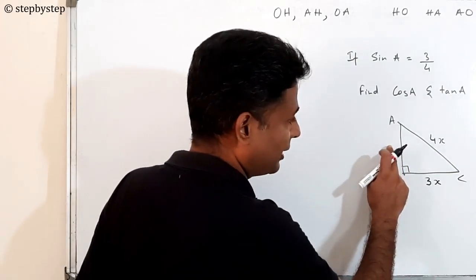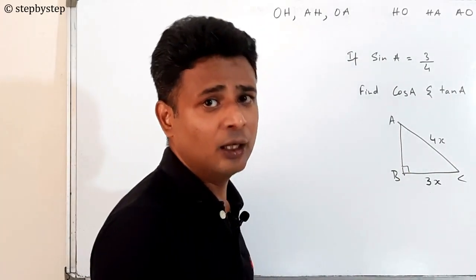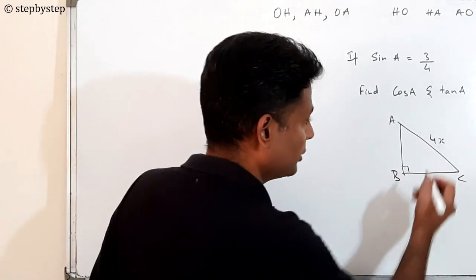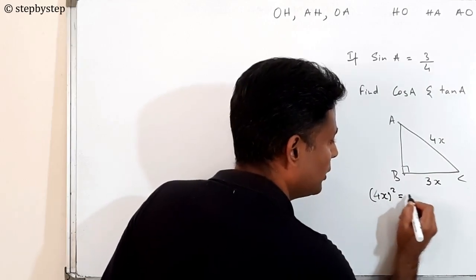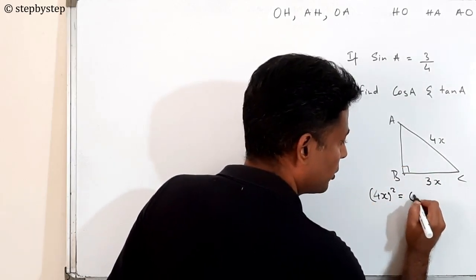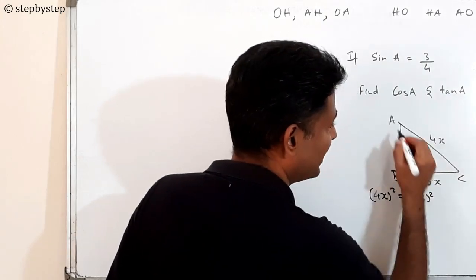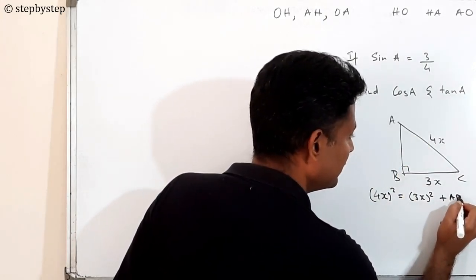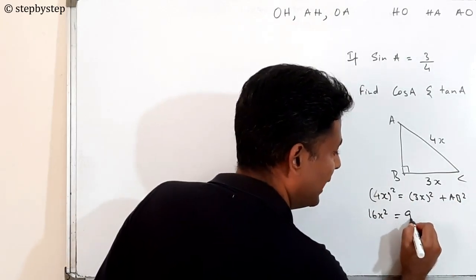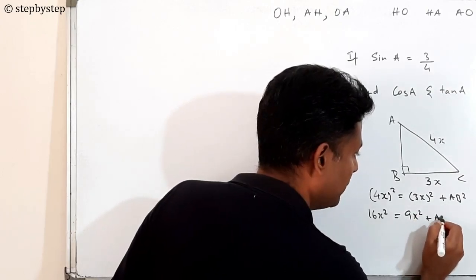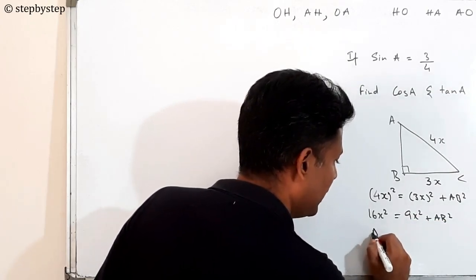Now we just have to find the AB part, right? So again, using Pythagoras theorem, hypotenuse square equal to sum of side squares. So BC square plus AB square. Now we get 16x square equal to 9x square plus AB square. So what will be AB square?